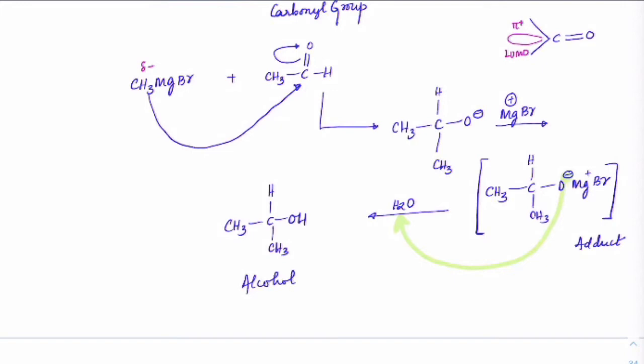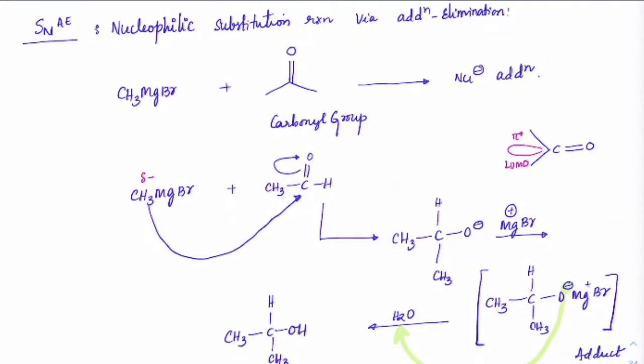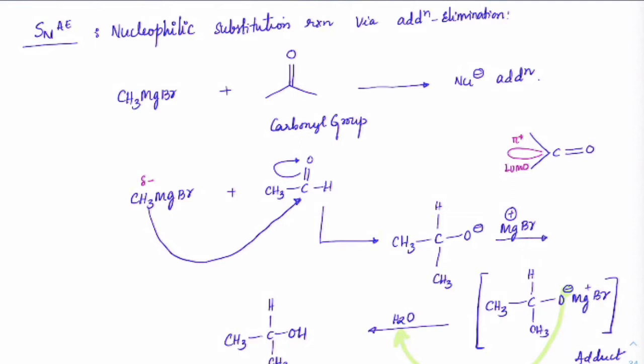So this is how alcohols are prepared using aldehydes or ketones. The best reaction to do that is to use Grignard's reagent. And attack of the nucleophile is the slow step here. Hence it is also called a nucleophilic addition reaction.